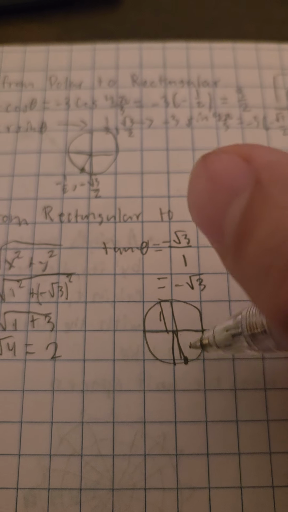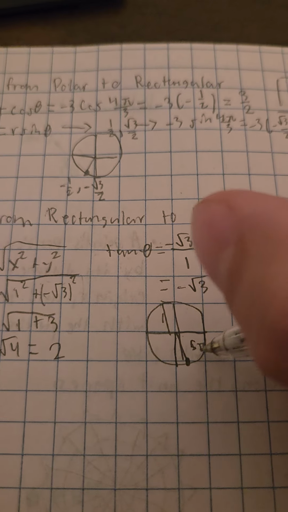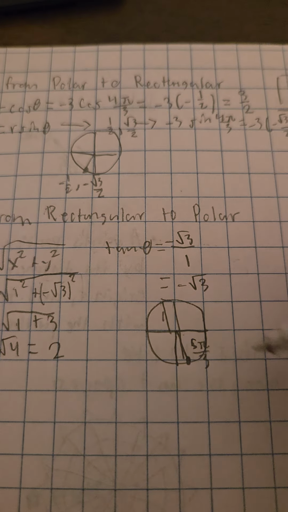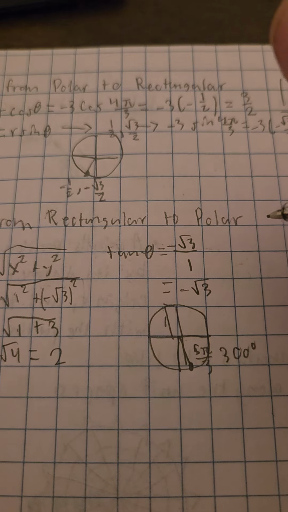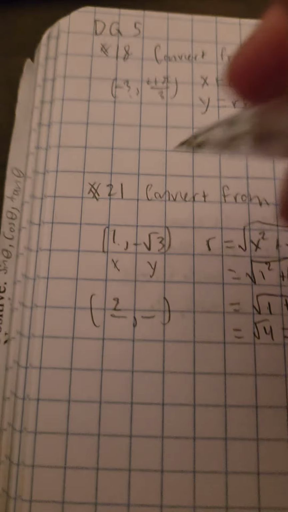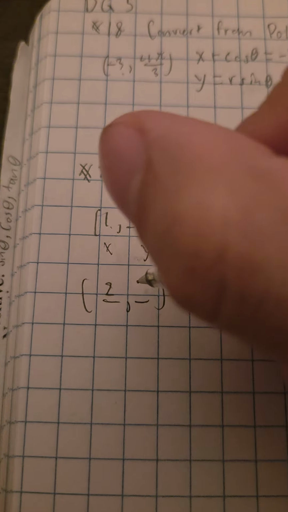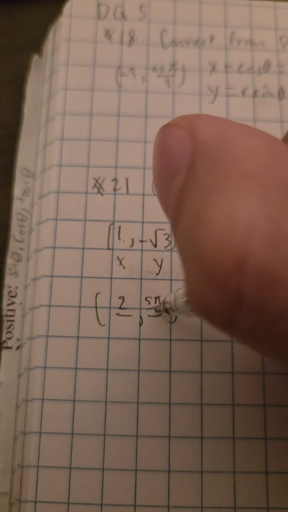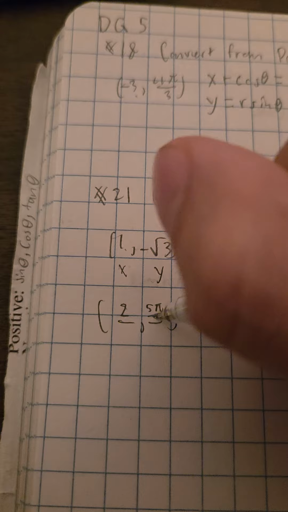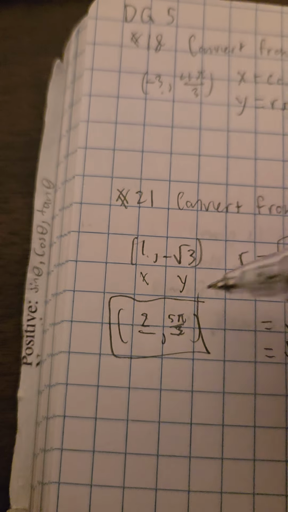So here we can decide whether to call it 5 pi over 3 or just 300 degrees. We can actually plug this in either way into our coordinate value. I'm going to use the pi because I just prefer that one. So our new coordinate will be 2, 5 pi over 3. Okay. That'll be it.